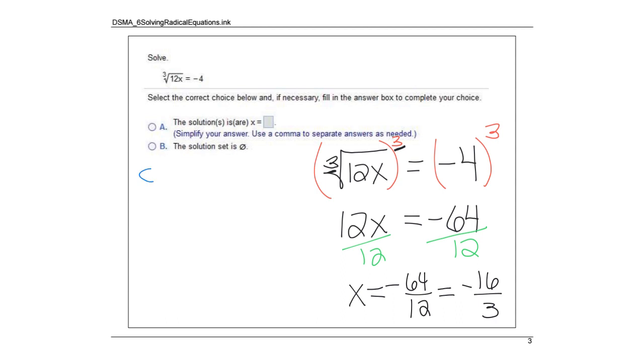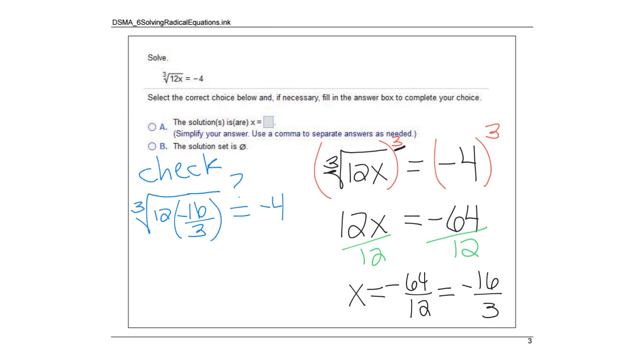So let's come over here and check. So we have the cube root of 12 times negative 16 over 3 is equal to, we don't know, is equal to negative 4, we hope.